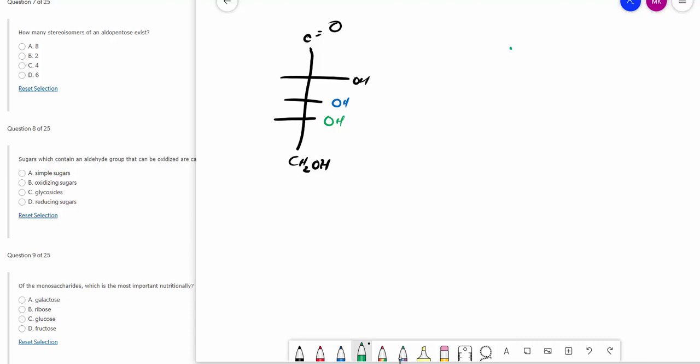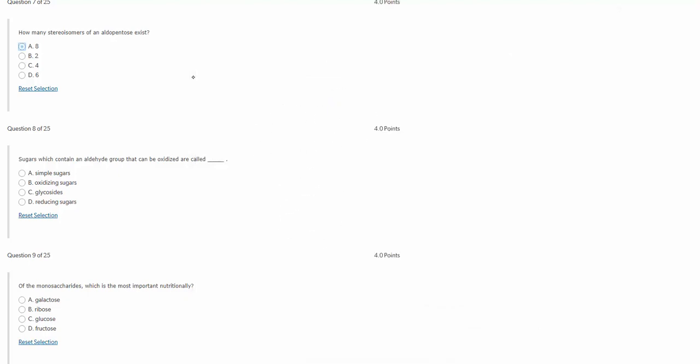These are hydrogens on this side, but I'm trying real hard to keep it as quick and easy as possible. So here's 3, or actually that would be number 4, and we can just keep going. So we transfer where the OHs are, again and again. And what you'll end up with is you'll actually find 8 different stereochemical forms of aldose. So the answer is 8.